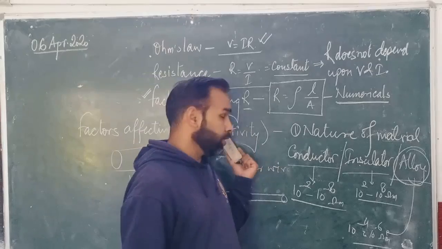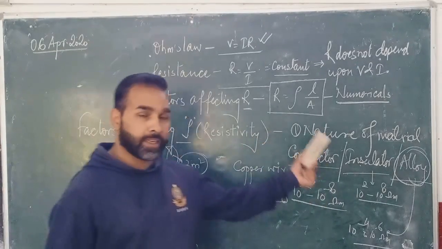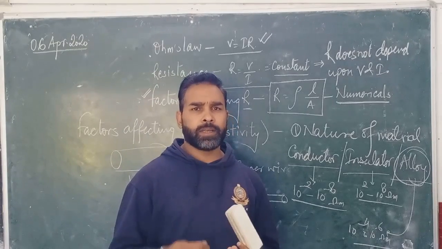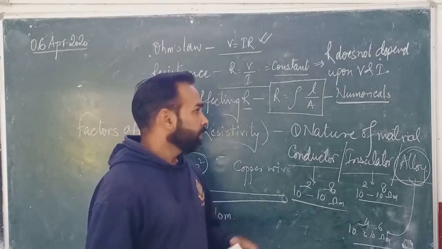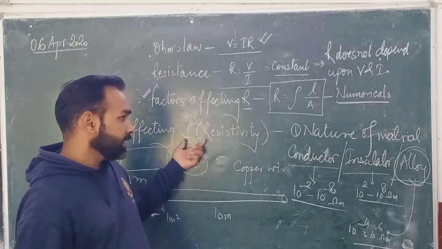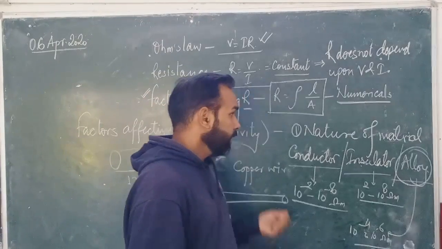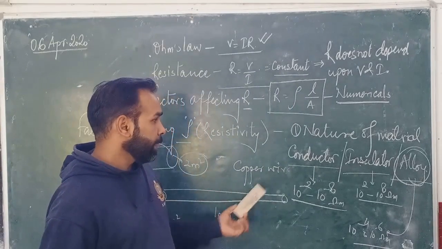So the only factor which affects resistivity is the nature of material, and it also depends upon the temperature coefficient. Same as resistance depended upon temperature coefficient, resistivity also depends upon it. So this is very important.